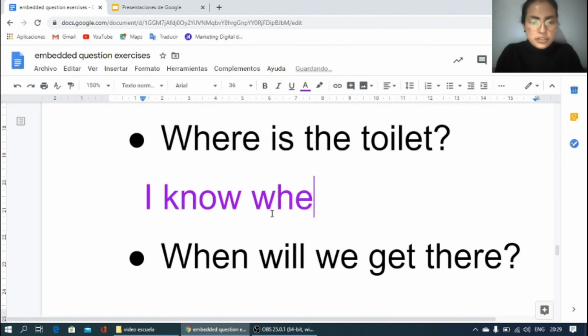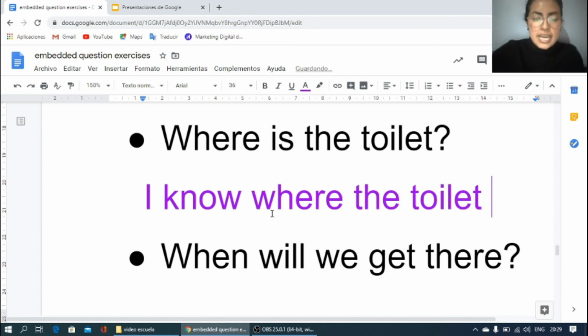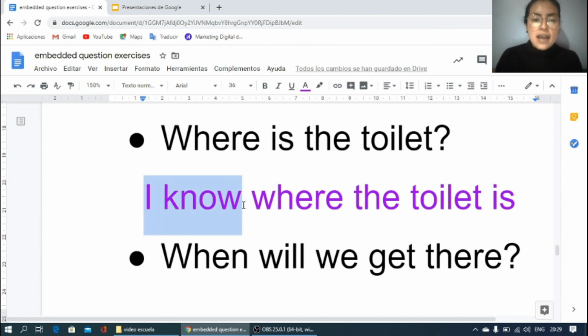I know where the toilet is. Okay. In this case, I don't have to write the question mark. Why? Because I am using an affirmative introduction. Okay. En este caso no ponemos la question mark, el signo de pregunta al final. ¿Por qué?